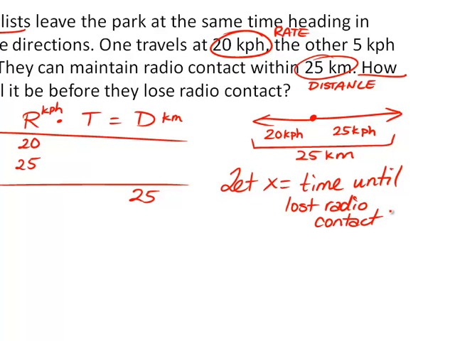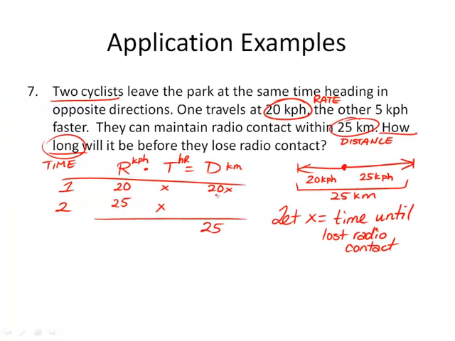So if you think about it, they start at the same time and they're going to be 25 kilometers apart at the same time. Therefore, they're both going for x hours each. So 20 times x would give us the distance of the first guy, and 25x would be the distance of the second guy.